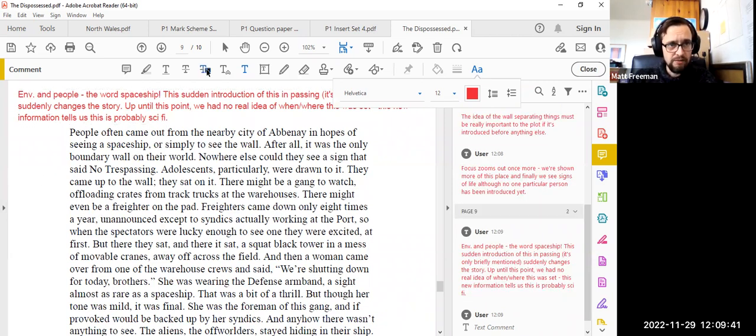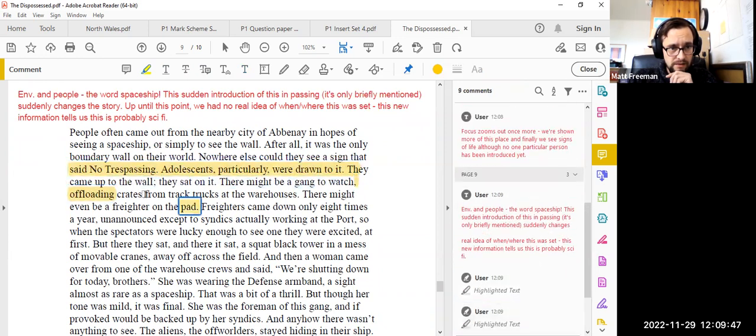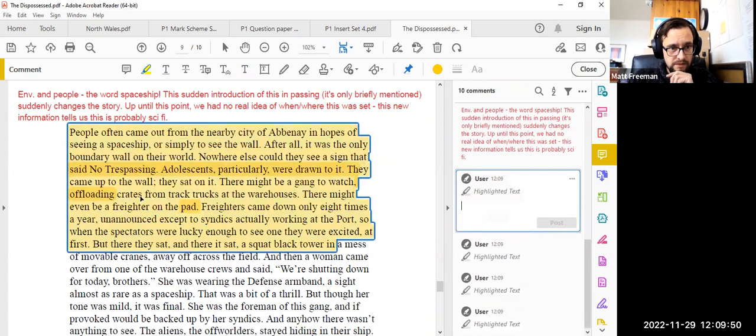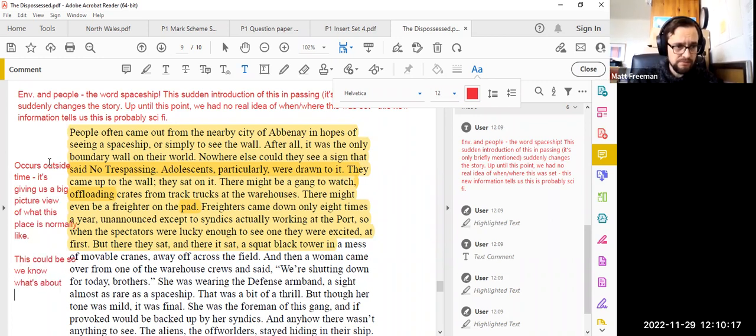So this bit here, I would say, occurs outside time. It's giving us a big picture view of what this place is normally like. And why has the author done this? This could be so we know what's about to happen is out of the ordinary.